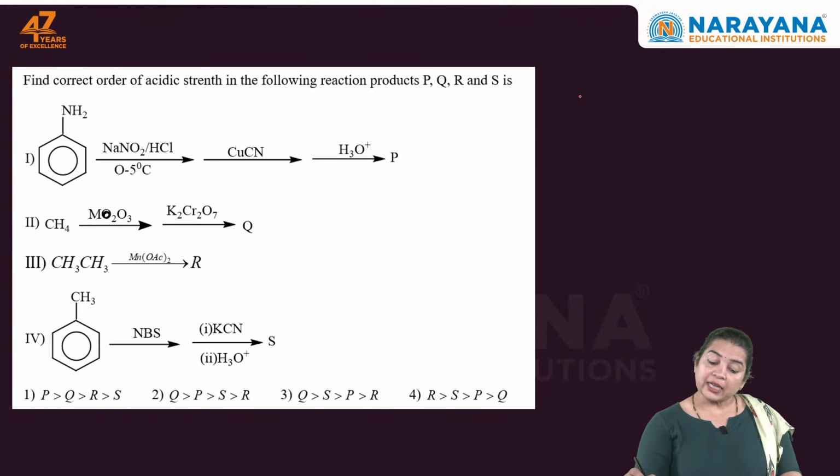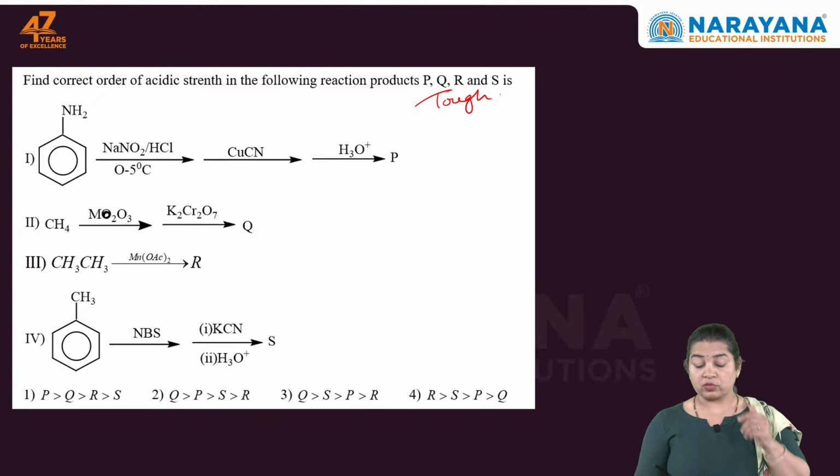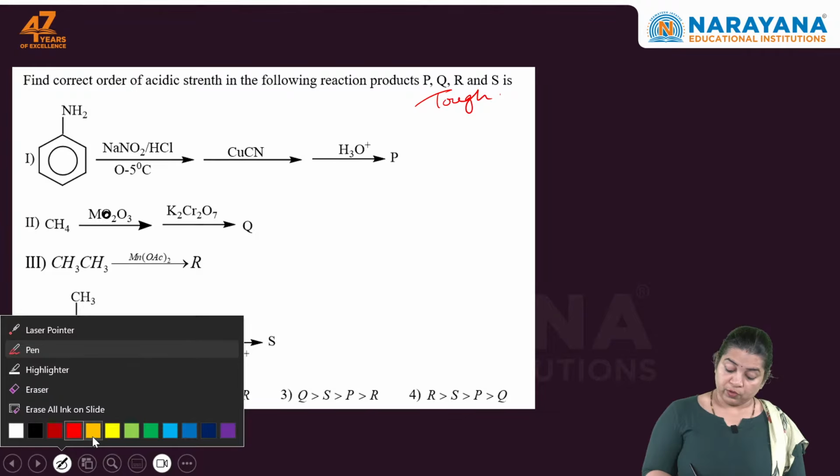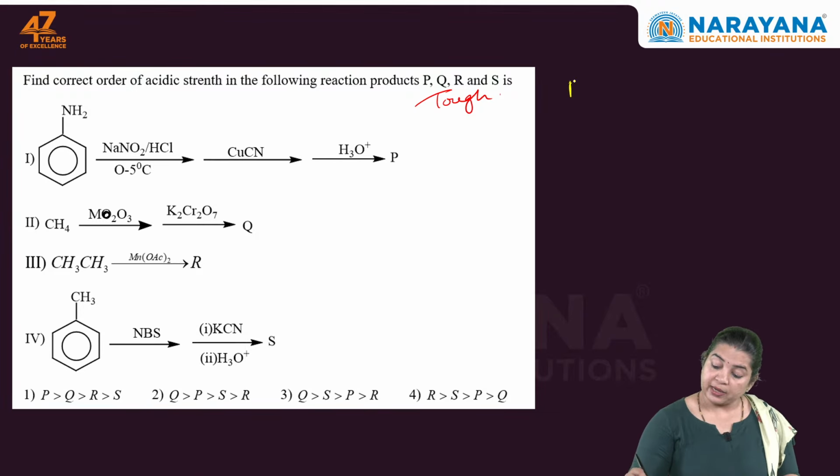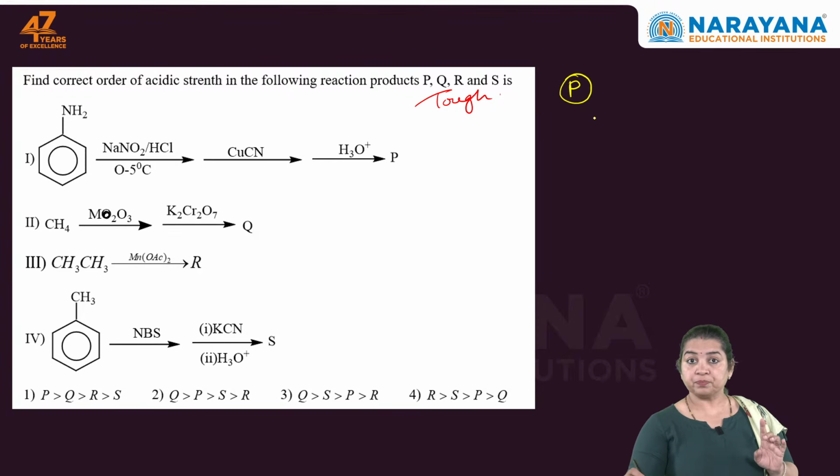So find the correct order of acidic strength in the following reaction products. PQRS. I think this is a tough question. So many reactions involved, and then the acidic strength. So if you don't know anything at any stage, it is better to leave this question. Okay.